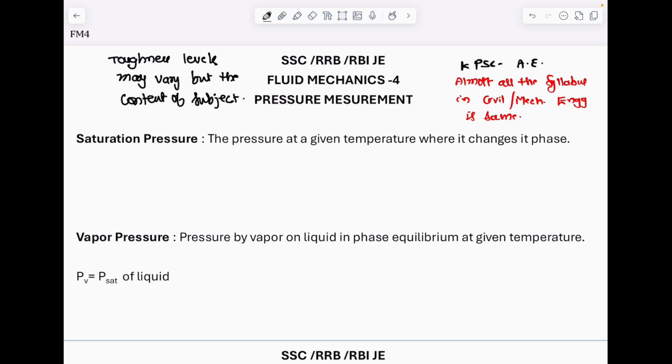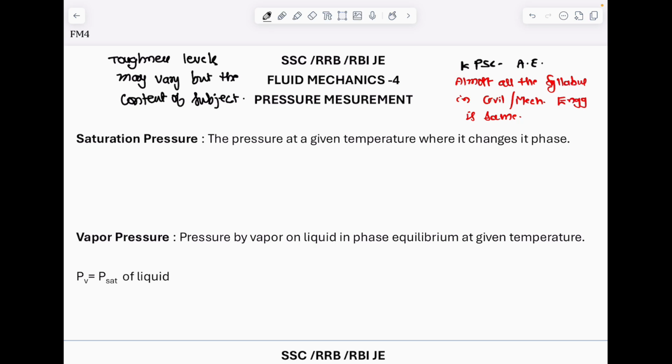Now, in the last class, I have given certain definitions on the pressure, variation of pressure with height. Now, we will go to the definitions of saturation pressure and vapor pressure. What is it?